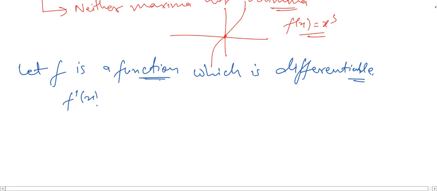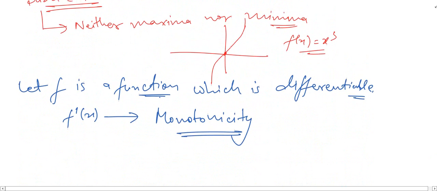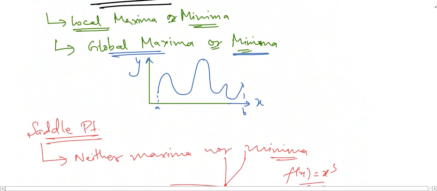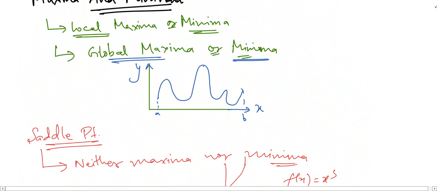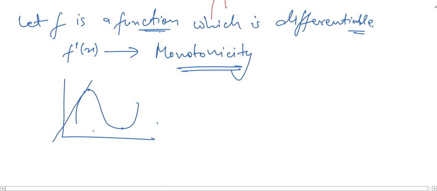f dash of x tells the monotonicity, right? How is the graph moving? So if there is a graph like this, and these points are critical points, then at this point the tangent would go like this and the tangent would be positive.